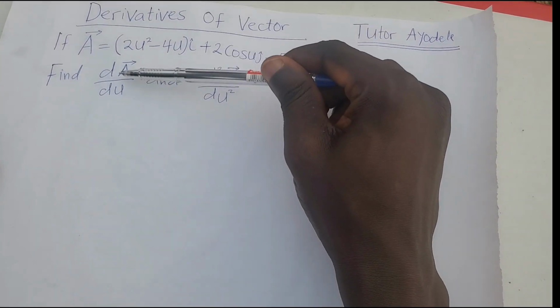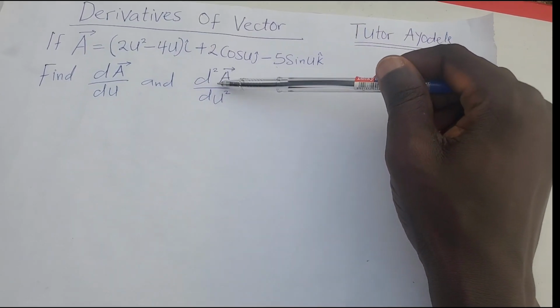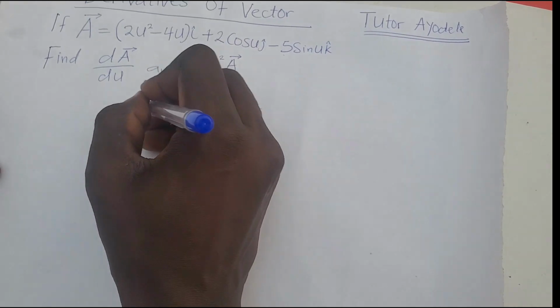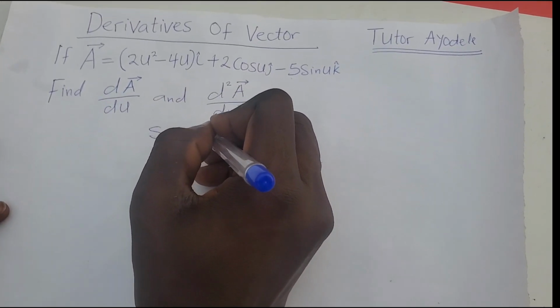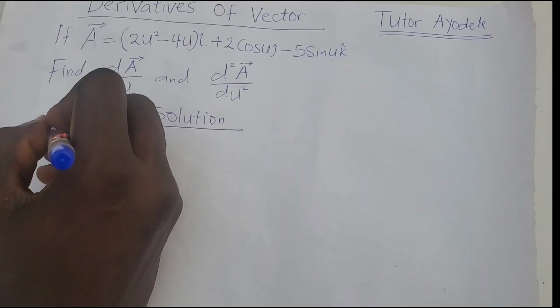What this means is that this one we will differentiate once, while this one we will differentiate twice. So let's begin with our solution. We're told that vector A is equal to this. Let me write it out.